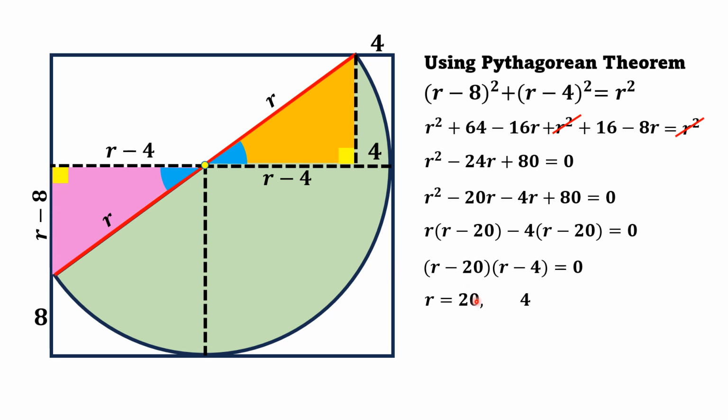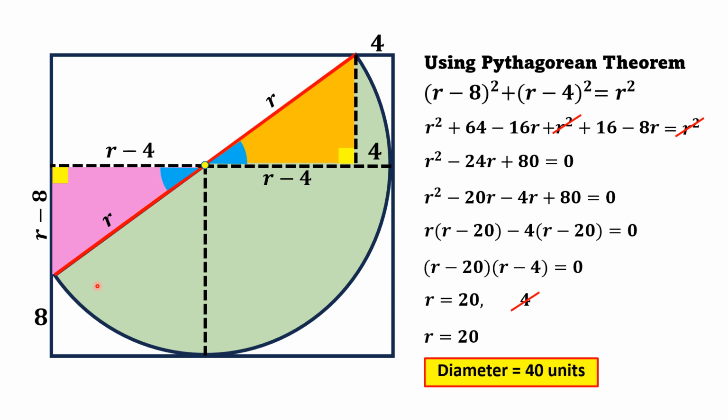So r equal to 4 is not a suitable value, so we reject it, and thus r is 20. This is our accepted value, and since diameter is equal to 2 times r, the diameter of this semicircle is 2 times r, which is 40 units, and that is the answer.